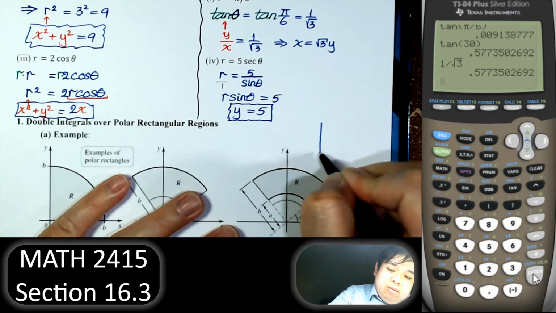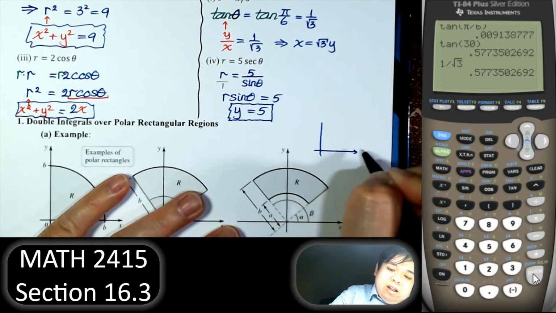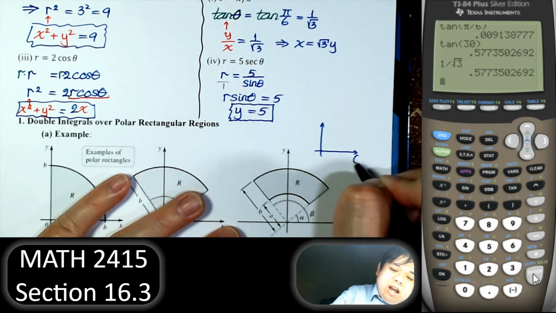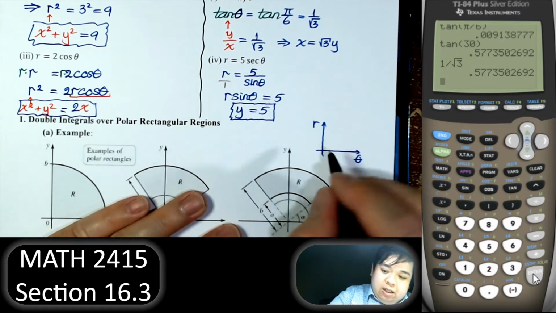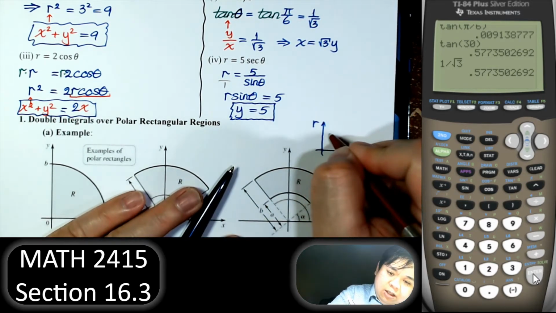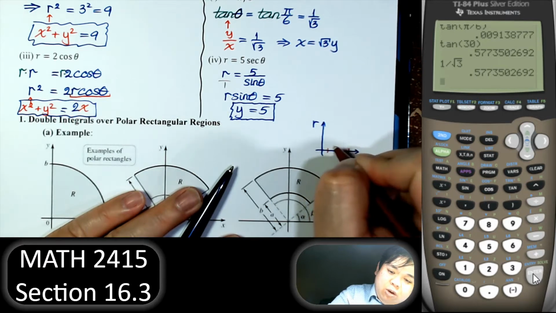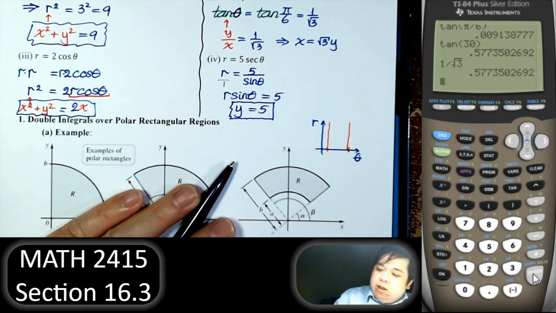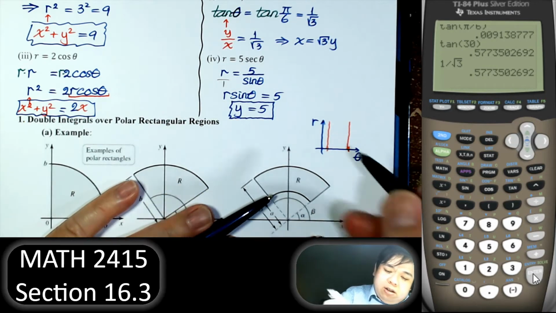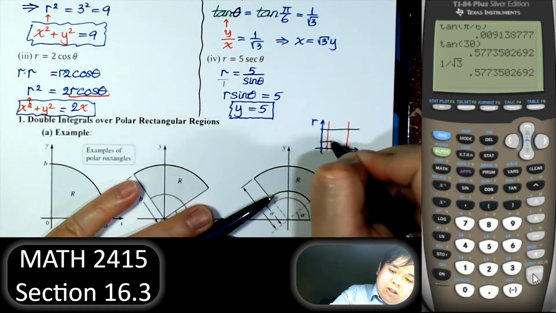So, I mean, if we say this is the theta axis and this is the r axis, theta is bounded by 2 constants, and r is bounded by 2 constants.